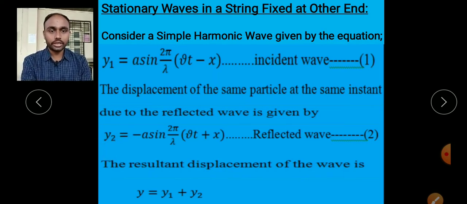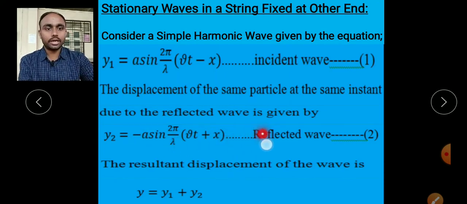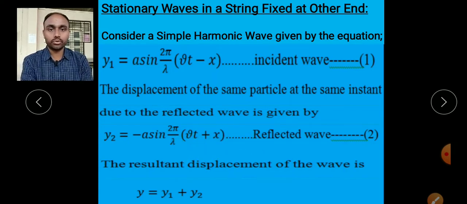Since the wave is moving in the negative direction, the x term changes sign, and since the particles vibrate in the opposite sense, there is a minus in front. So in short, the reflected wave displacement is y2 is equal to minus a sin 2 pi by lambda (Vt plus x).